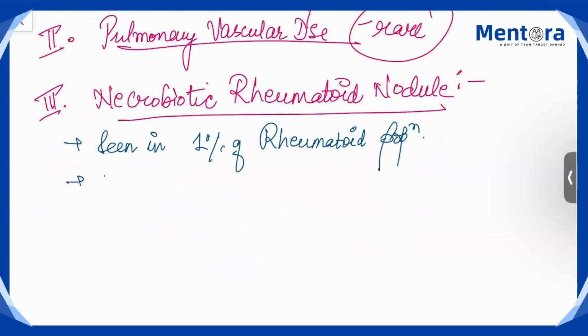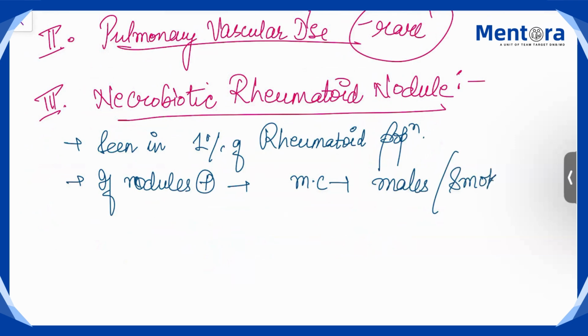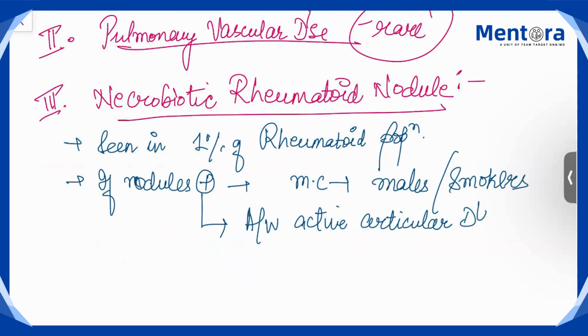Now, if these rheumatoid nodules are present, they are more common in males and smokers. If present, they are associated with active joint disease, that is active rheumatoid arthritis, so active articular disease.